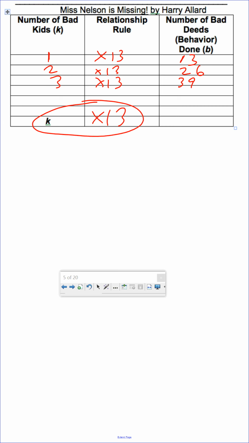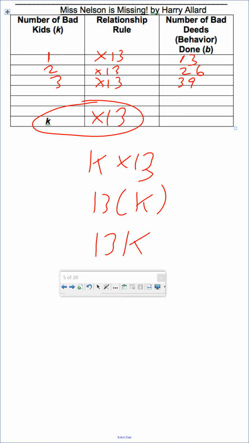So if you know the number of kids, you can multiply by 13, or 13 times the number of kids is 13k. So the expression is 13k. I mean, they do 13 bad deeds per kid.